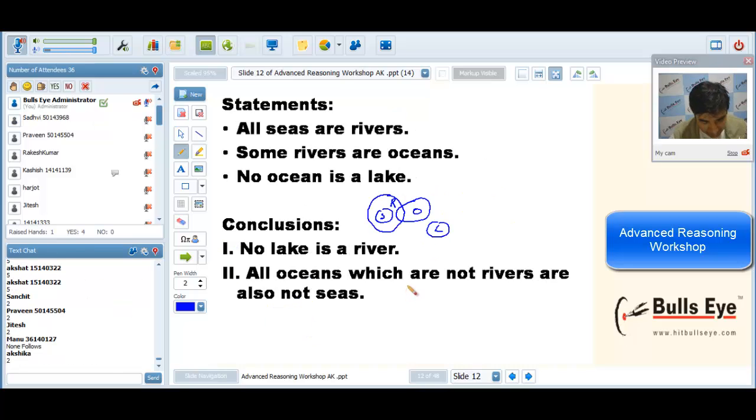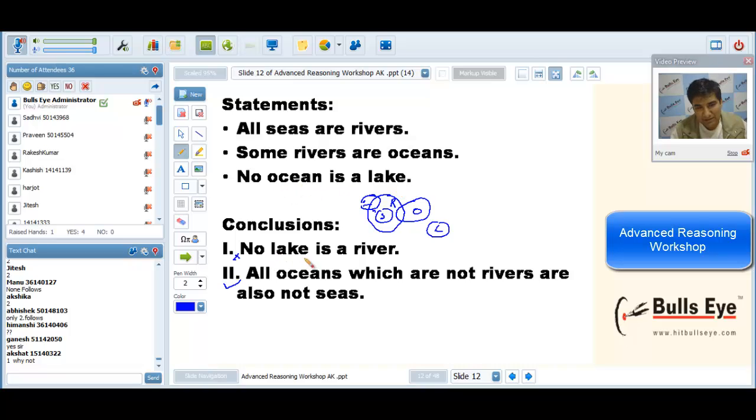Okay, people, the answer is second alone, because first does not follow. As I have drawn the diagram, no lake is a river may or may not be true. Why? Because I could have lake anywhere here. It is only given no ocean is lake.